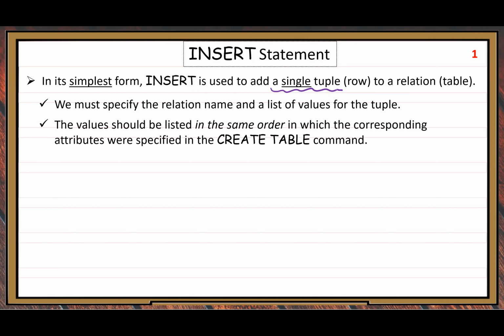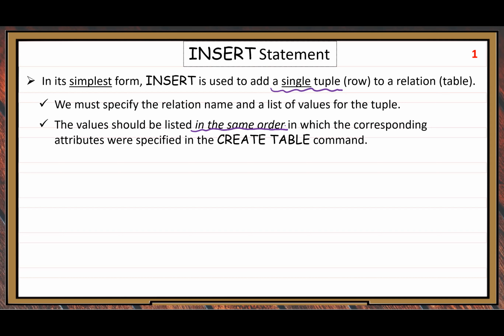All right. The values should be listed in the same order in which the corresponding attributes were specified in the create table command. Here, the order is important. You have to use the same order. In this version, we do not specify attributes another time.